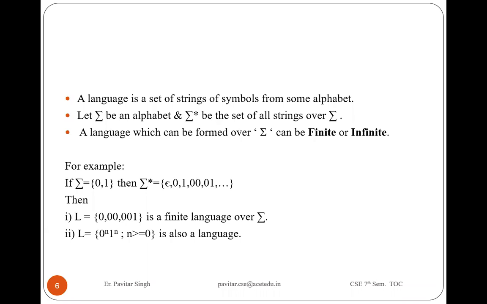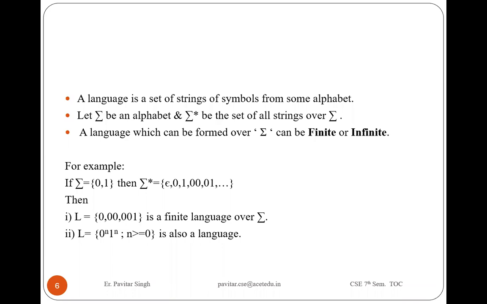So here you can see that sigma is equal to 0, 1, and under sigma star, this is your loop, or you can say iteration. Star means more than one occurrence. Loop or iteration. So in your sigma star, we have first of all the 0 occurrence.